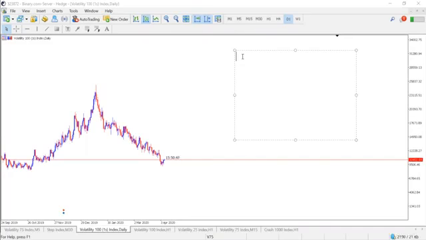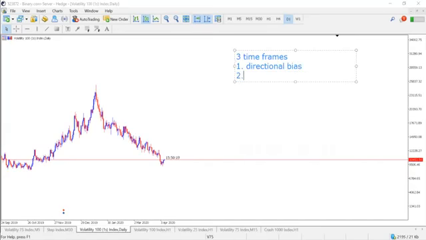Okay, first things first, have 3 time frames, right? What do I mean by 3 time frames? You have to have the first time frame for your directional bias, right?